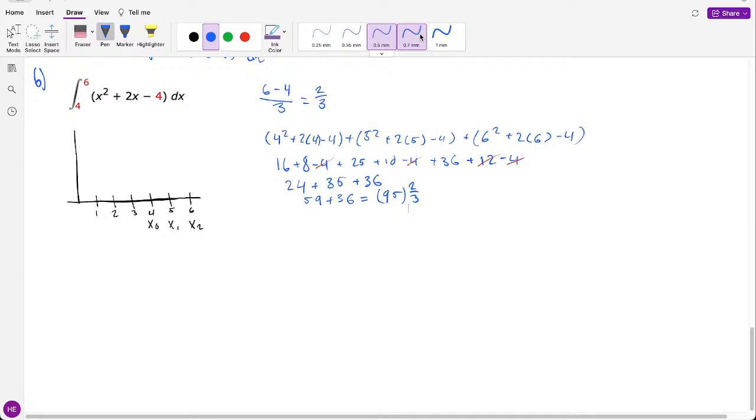I'm just gonna divide it on a calculator, see if it makes any sense. 95 times 2 divided by 3. It's a repeating number. Okay, 95 times 2. It's 190. So 190 over 3.